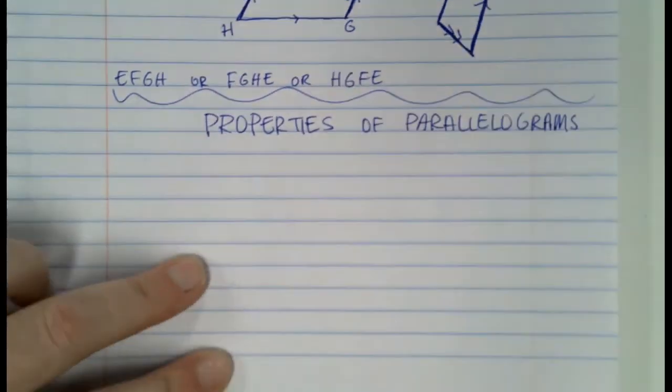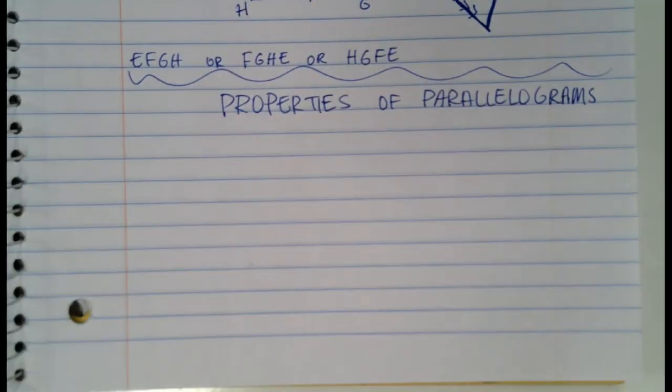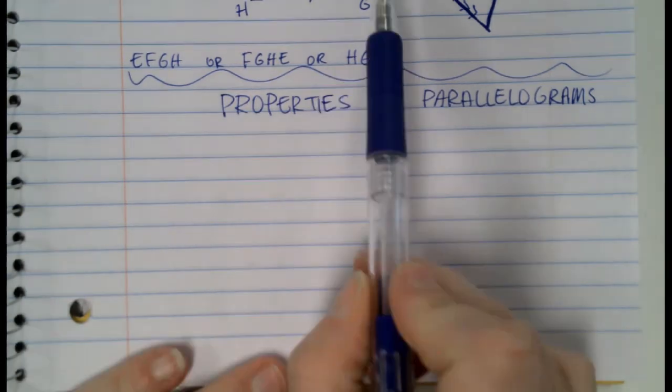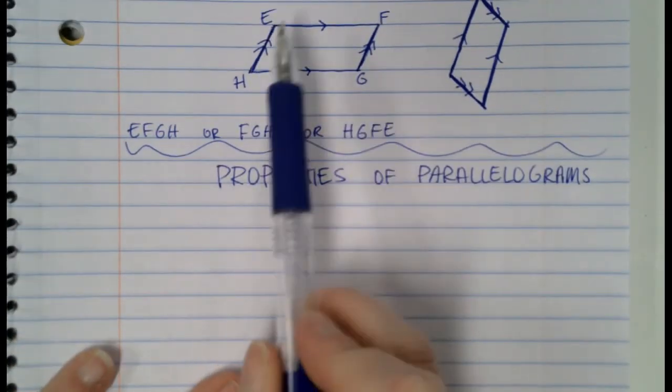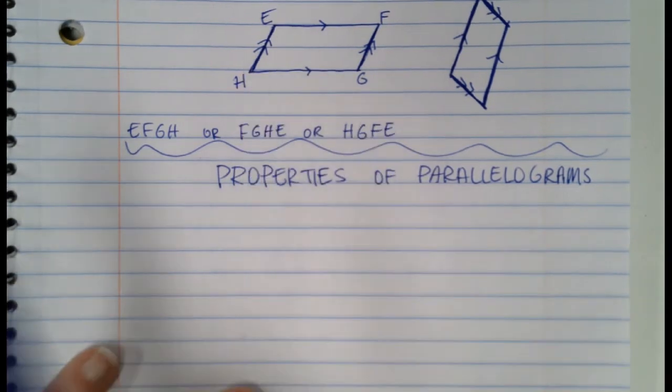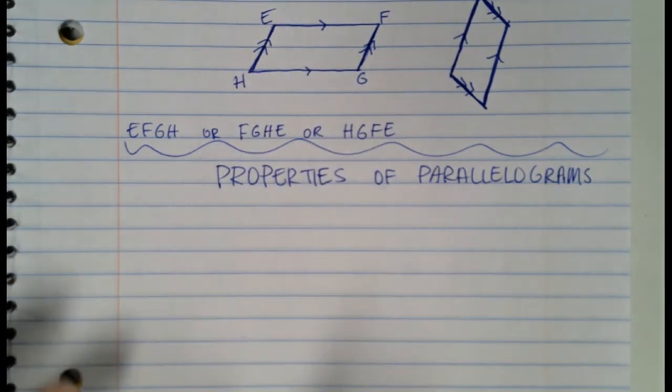Okay, the properties of parallelograms. There's actually a bunch of properties of parallelograms, but we're going to talk about 3 of them. I'm just going to keep using this parallelogram up here, EFGH, because it's a pretty good one. I did a pretty good job on that one. Okay, 3 main properties. Here we go.